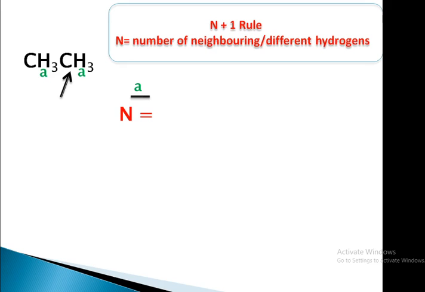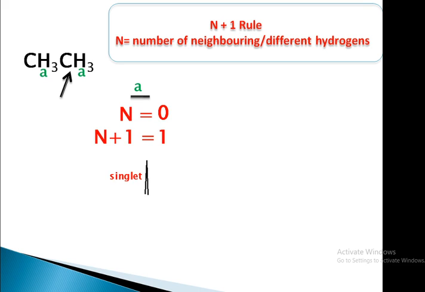But remember, what does the n plus 1 rule say? n is the number of neighboring but different hydrogens. That must be neighbor and different, but here they are not different, these are the same. So here also we don't have any neighboring hydrogen, and the value of n is 0. If you plug into the n plus 1 rule, we get 1, and ultimately we get a singlet.